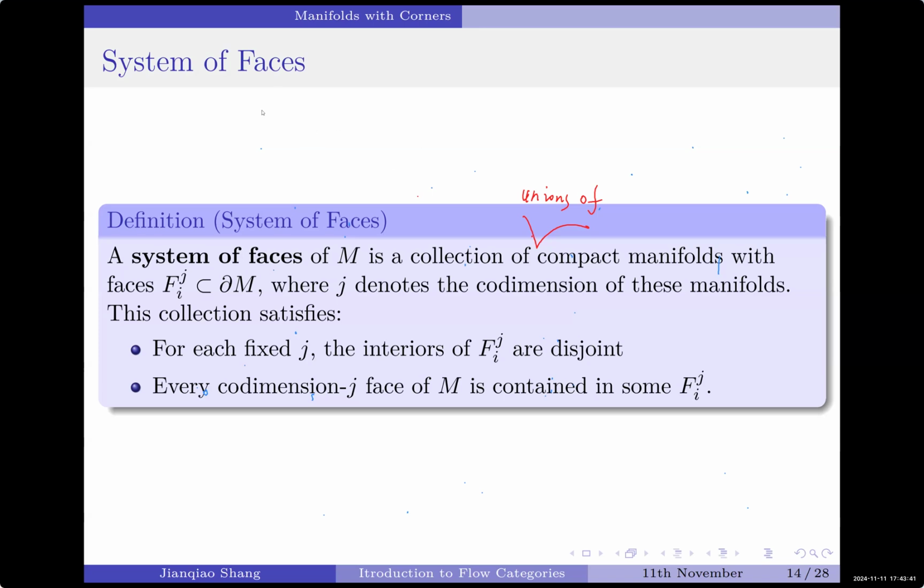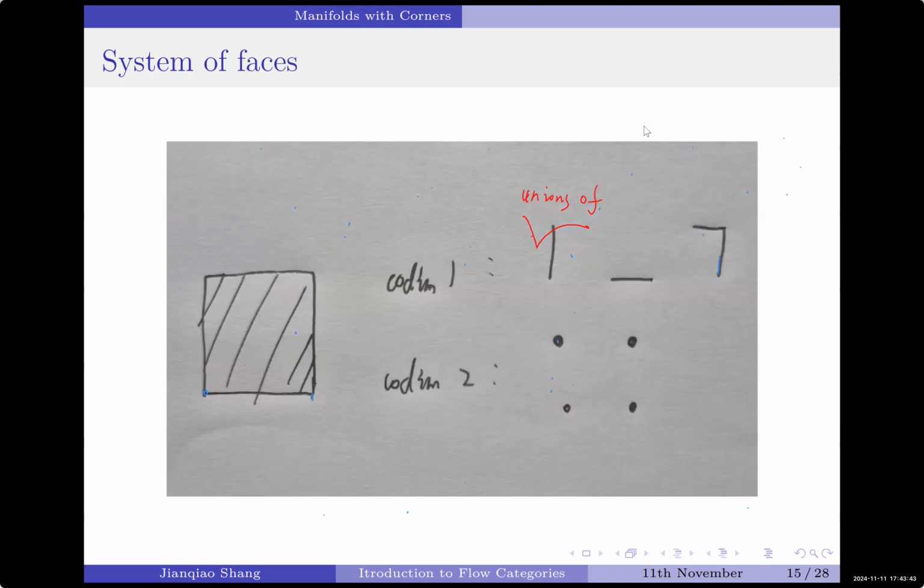It doesn't need to be only one whole manifold with faces. Thank you for your correction. I need to change the definition here.